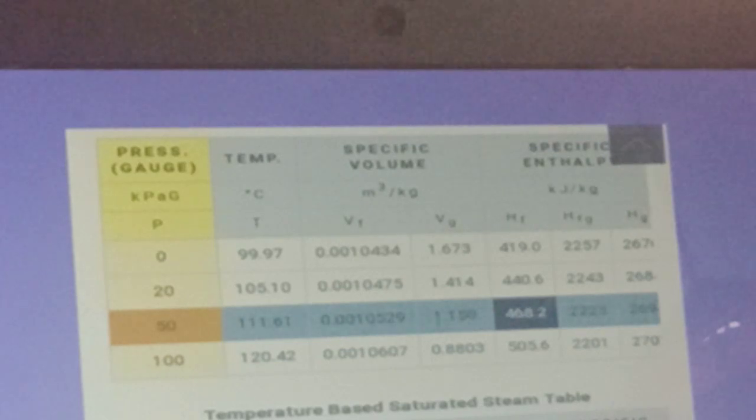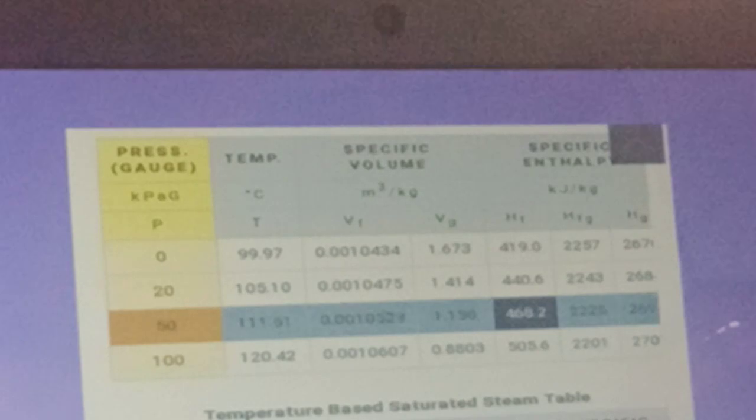The specific enthalpy hf is 419.0, 440.6, 468.2, 505.6, hfg is 2257, 2243, 2225, 2201, and hg is 2670, 2680, 2691, 2700.